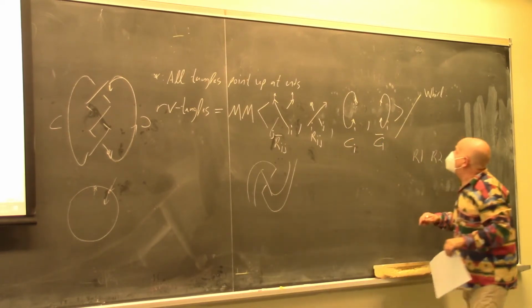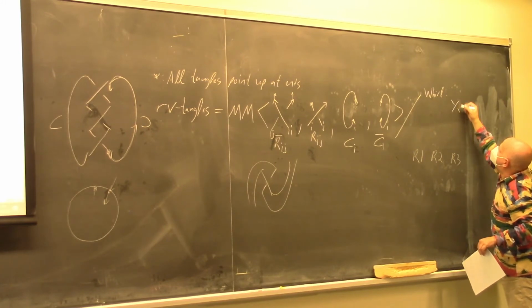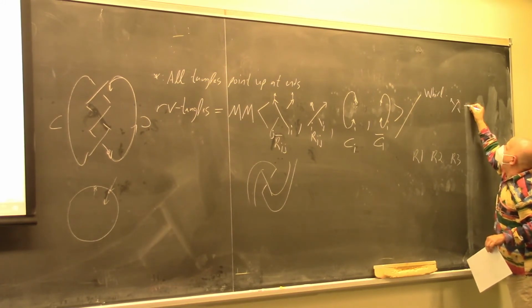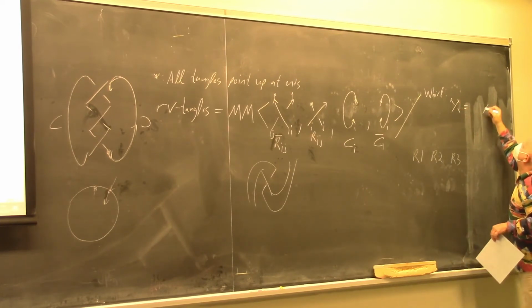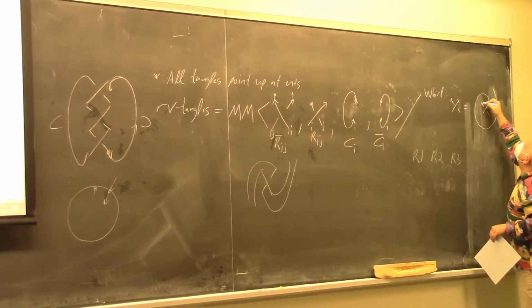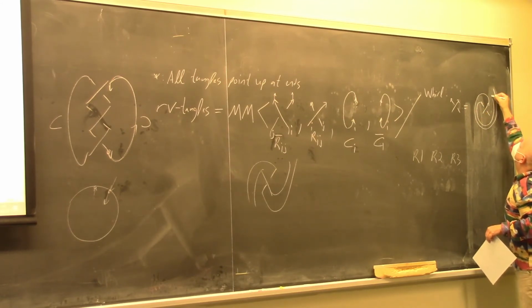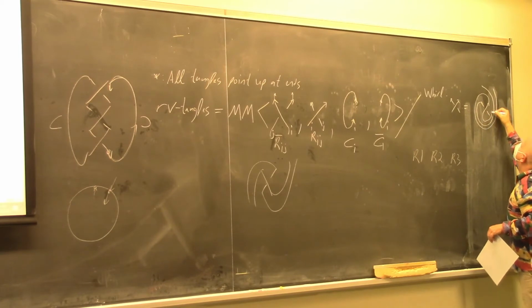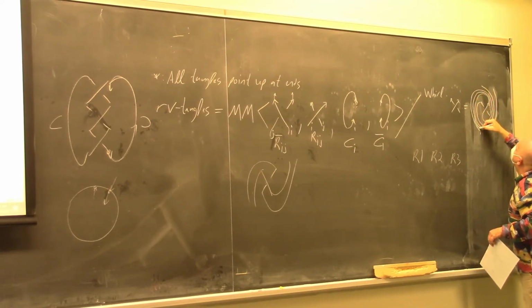So the whirl relation says that if you have a crossing and you fully spin it around, and this is hell to draw, because at some point you need very slow, high resolution lines.